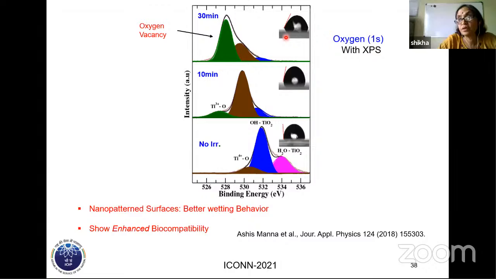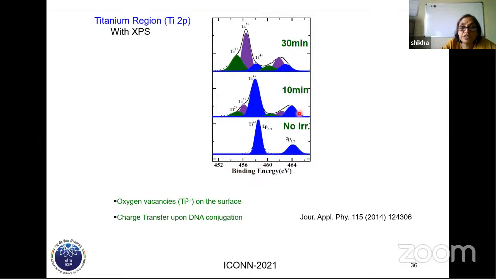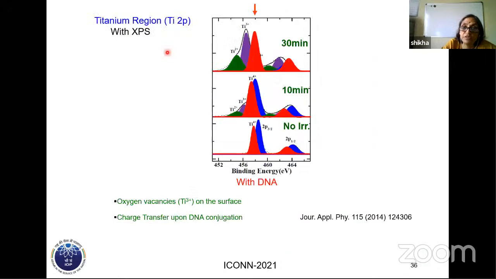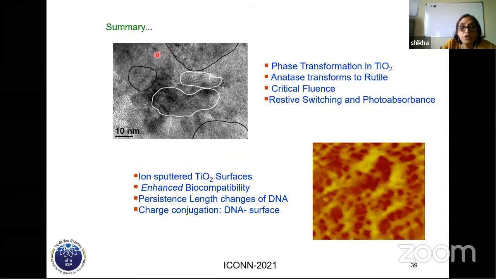Because the wetting properties improve, the biocompatibility also increases. So this is the cause of the better compatibility, that the DNA circle diameter is increasing, because we have a circular DNA. So this is compacted DNA, and this is the spread out DNA because of the better biocompatibility of the systems.